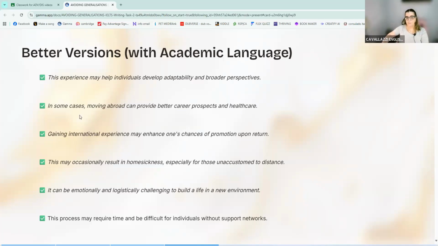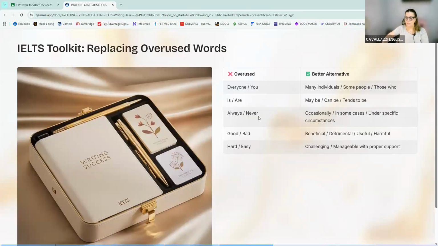And here, in some particular cases, you see, experience can help. I'm not stating it as a fact, I'm saying it can help. So that's very important. Here, everyone, you shouldn't be used. We use many individuals, some people, those who, I really like that. Is and are, absolutely not. Maybe, can be, tends to be, always, never.